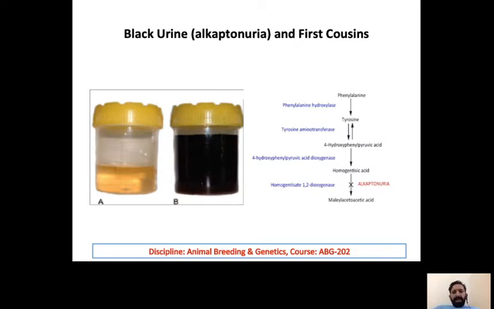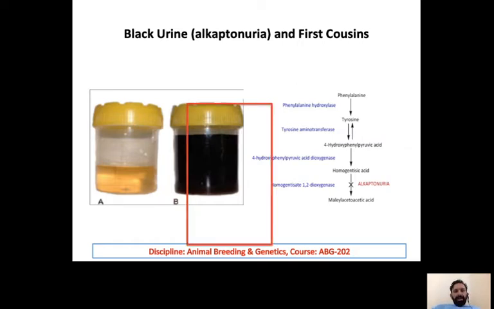Now, during this path, just before the final product, you can see an enzyme called homogentisate 1,2 dioxygenase is not working properly, and because of that, homogentisic acid is not converted into maleylacetoacetic acid, and that results in the black phenotype in the urine.